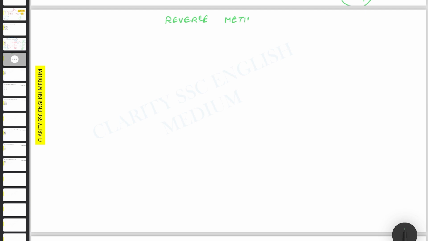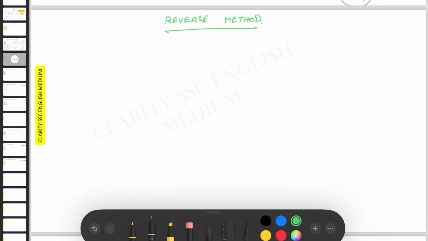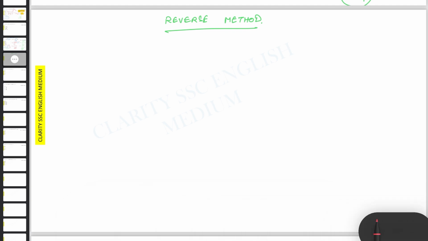Reverse method. Till now, we have discussed how to find the higher power when x plus 1 by x is given. For example, x plus 1 by x is equal to 3.